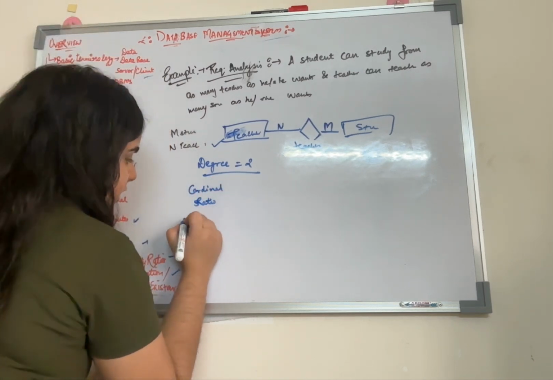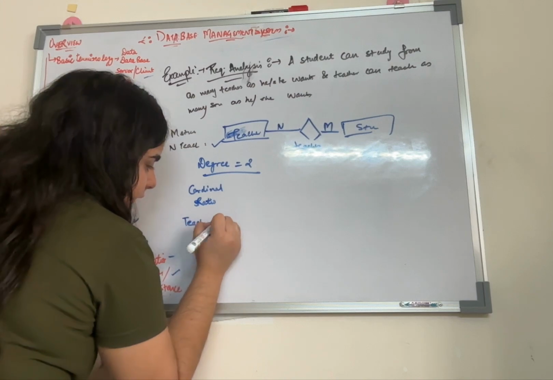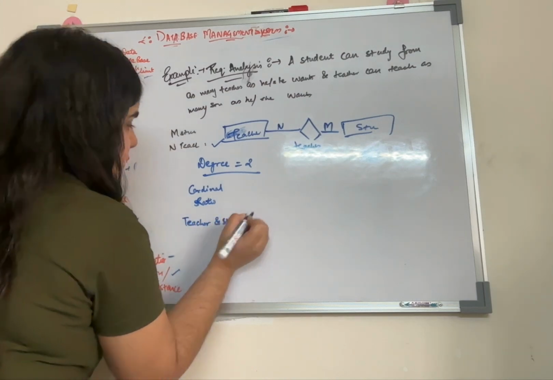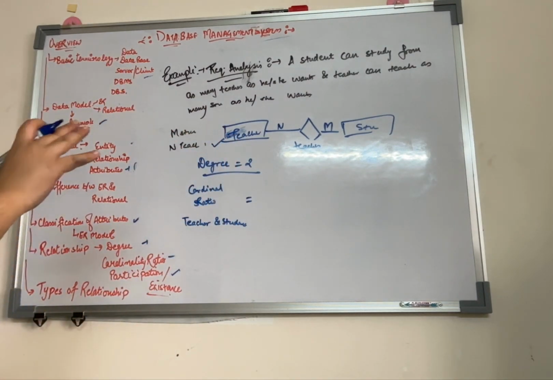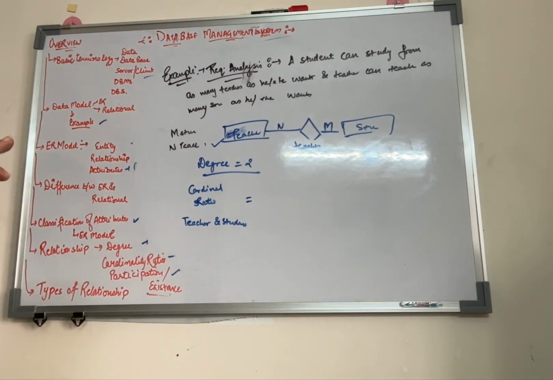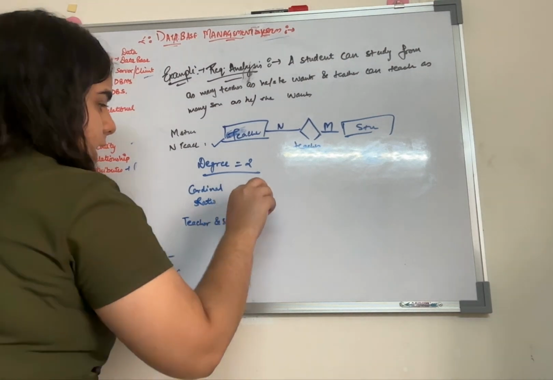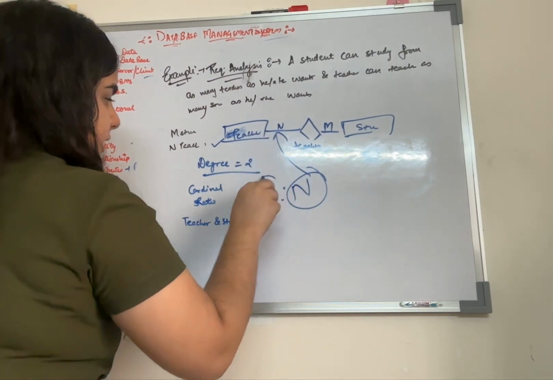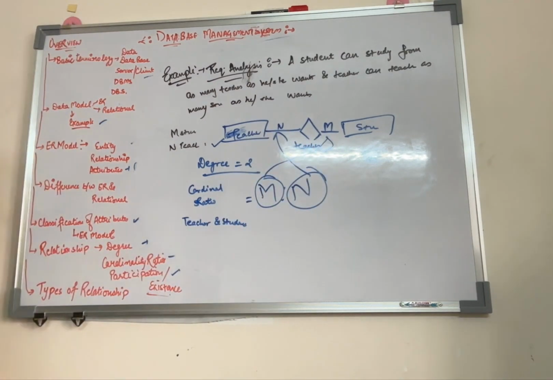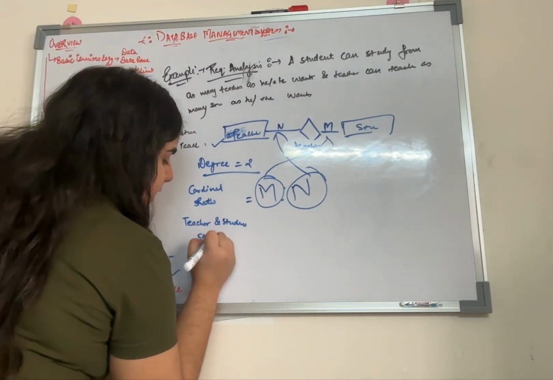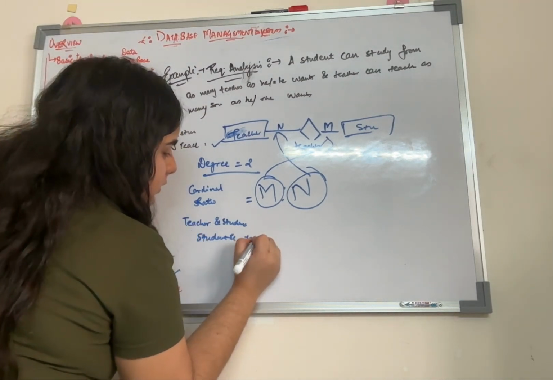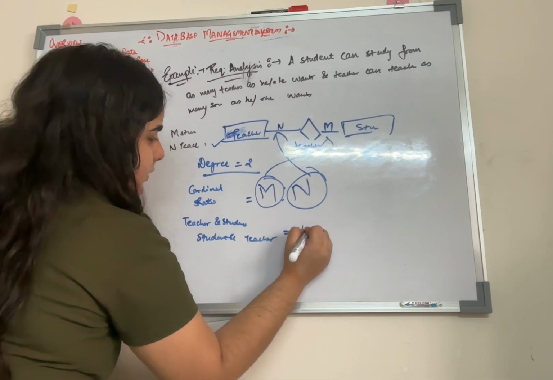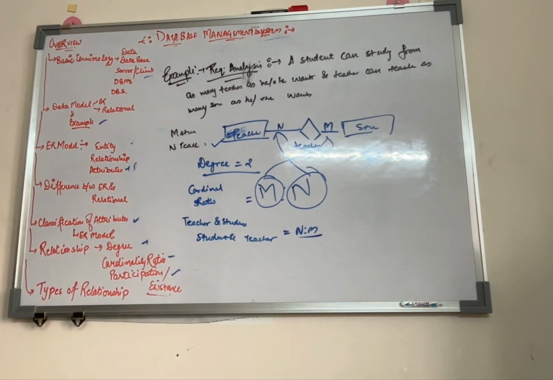Now coming to cardinality ratio, I want you to pause and think what the possible answer can be. Cardinality ratio from teacher to student: a teacher can teach at most m students, and a student can study from at most n teachers, so it will be m is to n. For student and teacher, it will be n is to m. Now, can you guess what kind of participation it should ideally have?